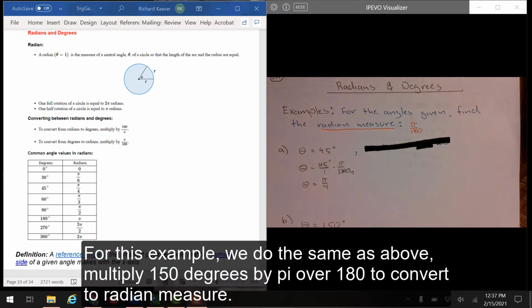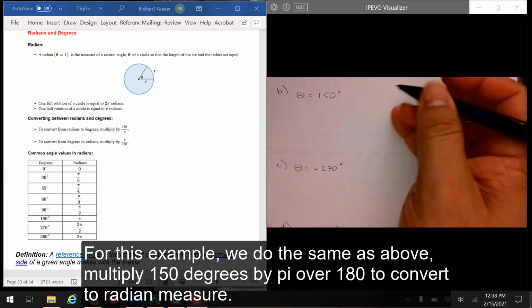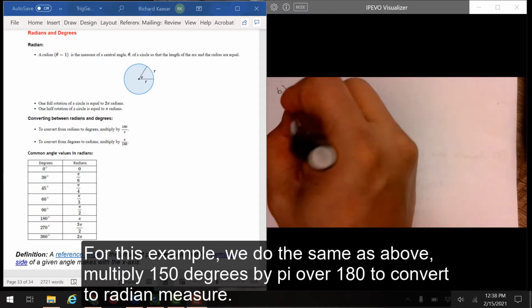For this example, we do the same as above. Multiply 150 degrees by pi over 180 to convert to radian measure.